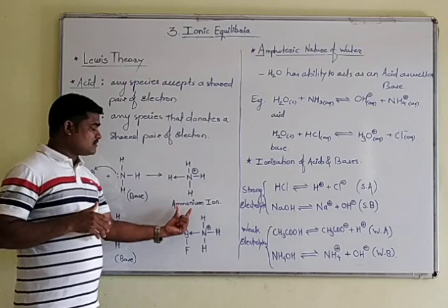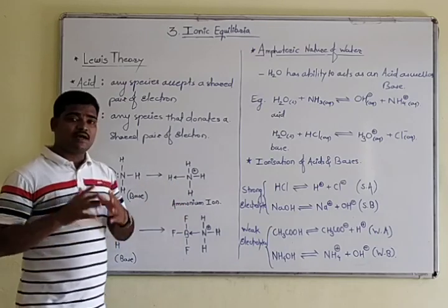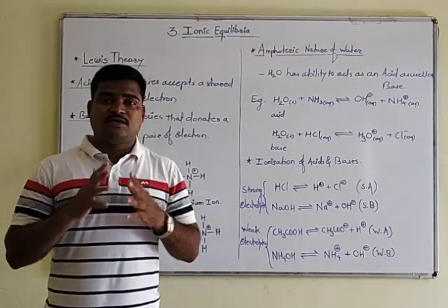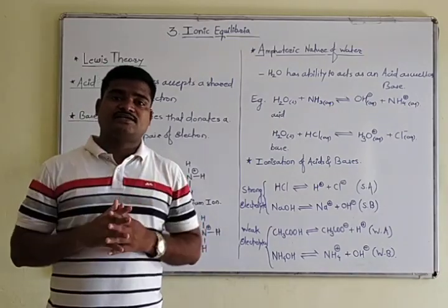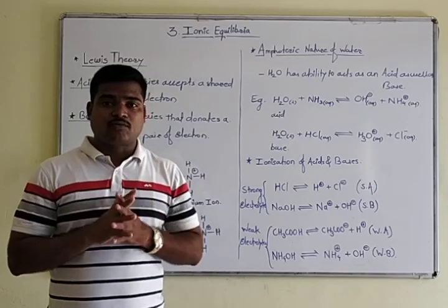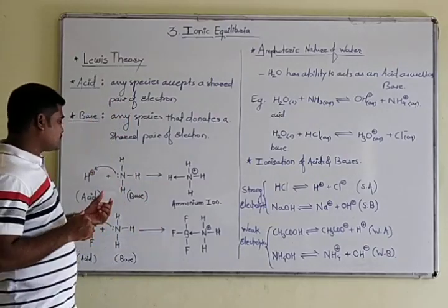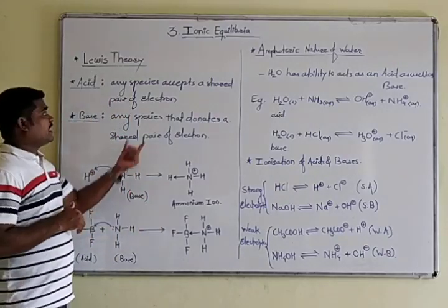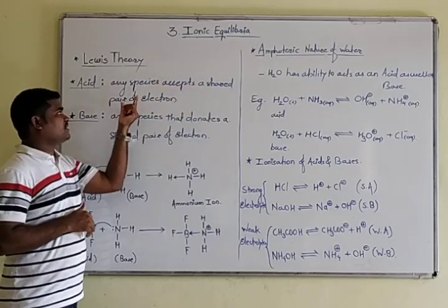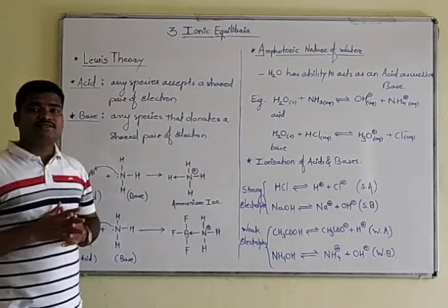So this is the species we can call an ammonium ion. As the nitrogen carries one extra bond, its valency becomes 3 plus one, so it becomes an ammonium ion now. Okay. So in this case, which one is the acid and which one is the base? According to this definition, any species which accepts a shared pair of electrons is called an acid.